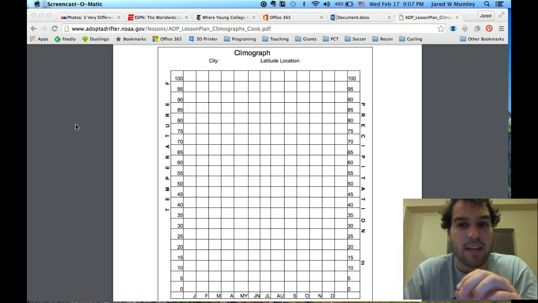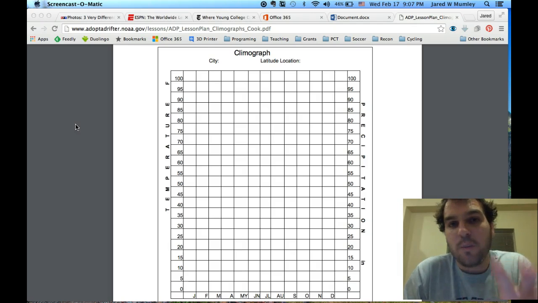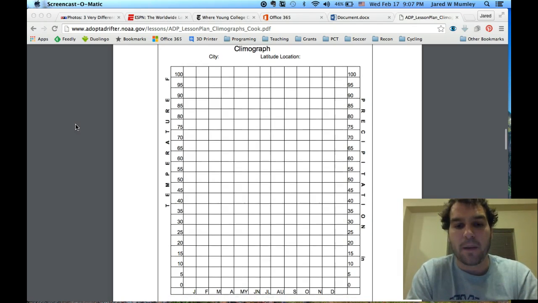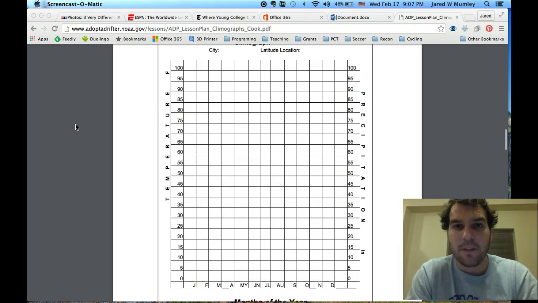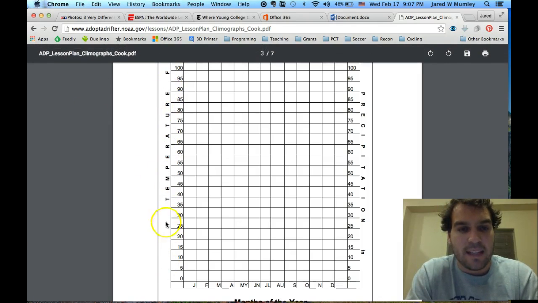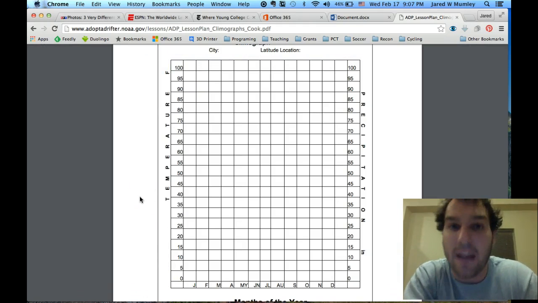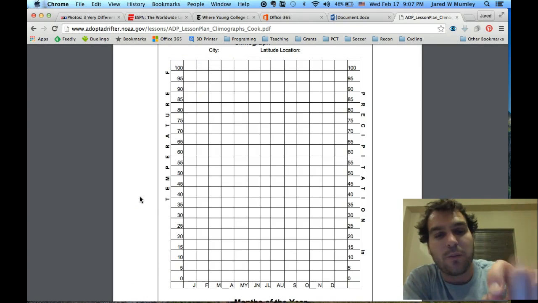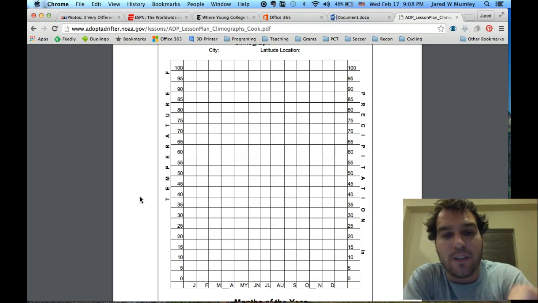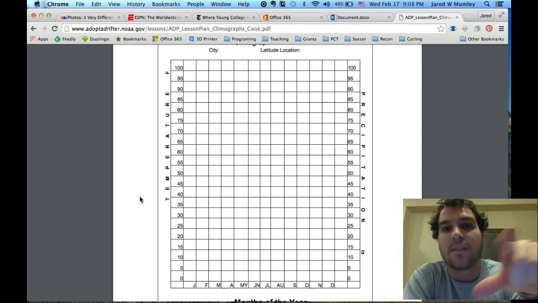You're going to graph the data. For each city, there are 2 pieces of data you're going to graph. First, the temperature, which you can see on the left-hand side. That's your left y-axis. You're going to graph a line graph. Remember, a line graph is when you plot a point for each month, and then you connect the dots with a ruler to create a nice curve.